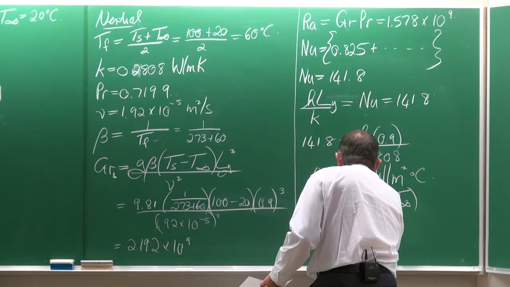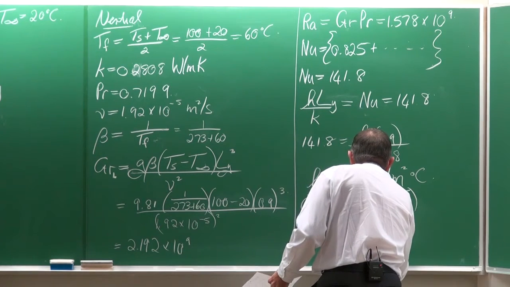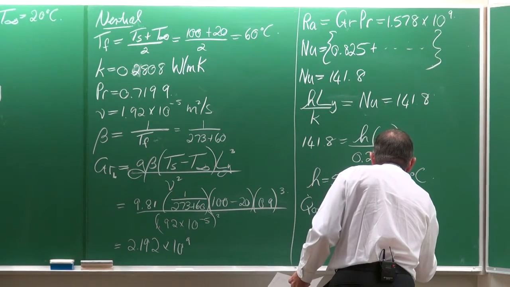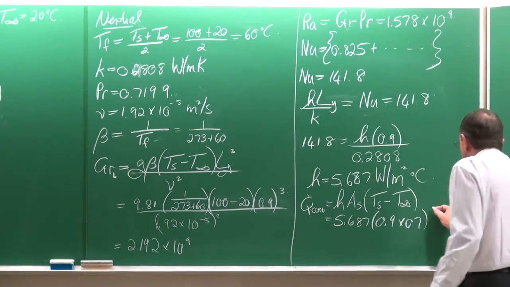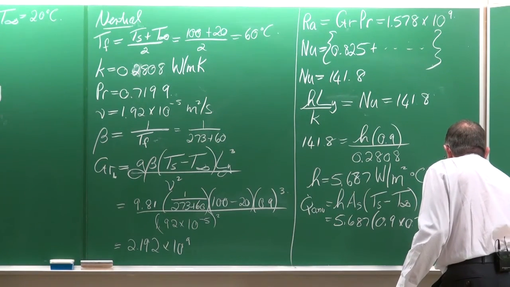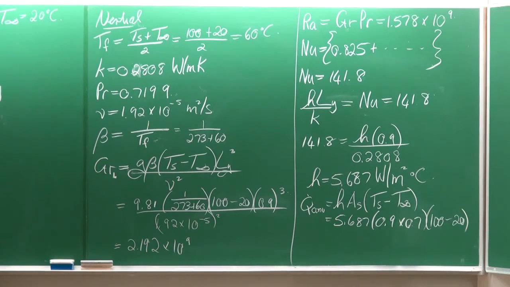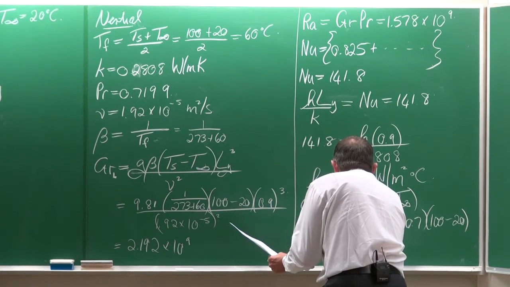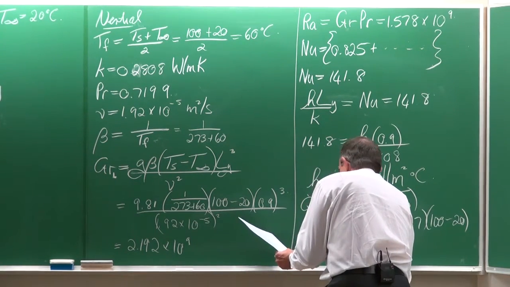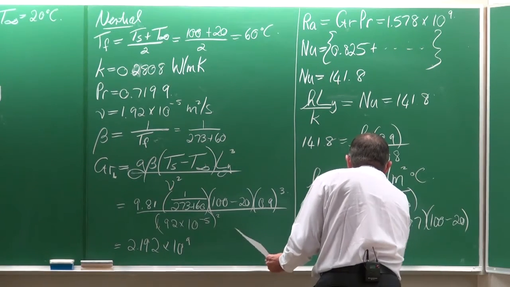That's very simple. The surface area is 0.9 multiplied by 0.7. And the temperature difference is 100 minus 20. And that will give us a heat transfer rate of 286.6 watts.